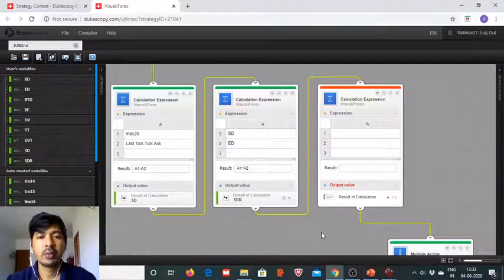And now this difference, half the difference between maximum and last tick, needs to be added to the last tick.